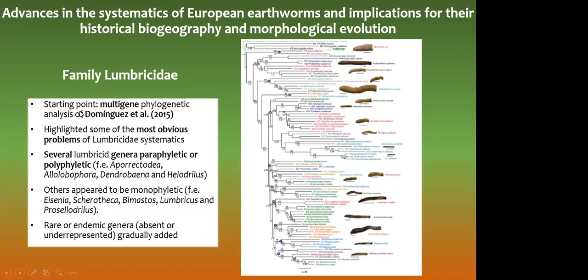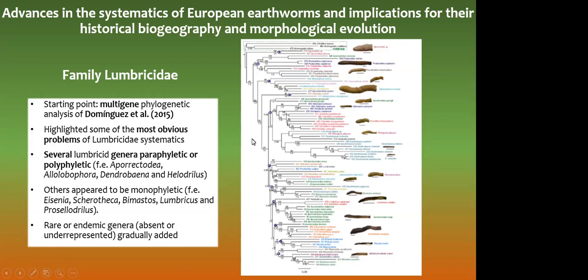For them, the starting point was the multi-gene phylogenetic analysis of Jorge Dominguez and collaborators, which highlighted some of the most obvious problems of the systematics of Lumbricidae, which is rather troublesome. For example, several Lumbricid genera were found to be paraphyletic or polyphyletic.